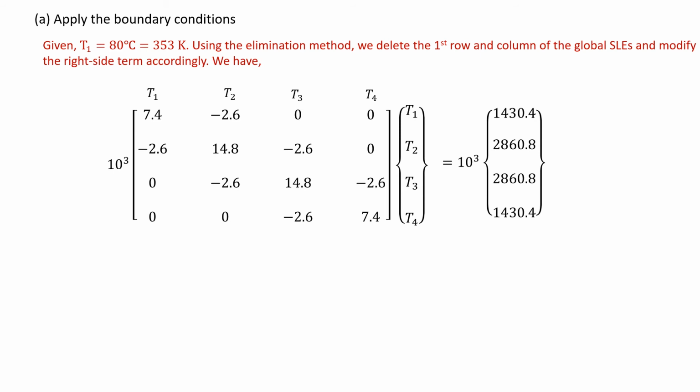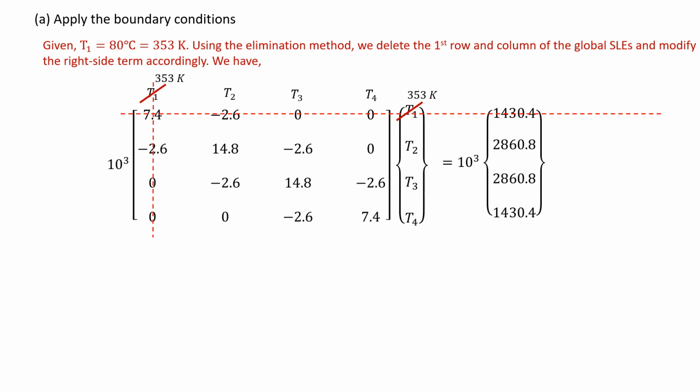Therefore, we can eliminate the row and column for T1, as it is no more useful to our global system of linear equations, as the unknown that corresponds to row and column number 1 is already specified.